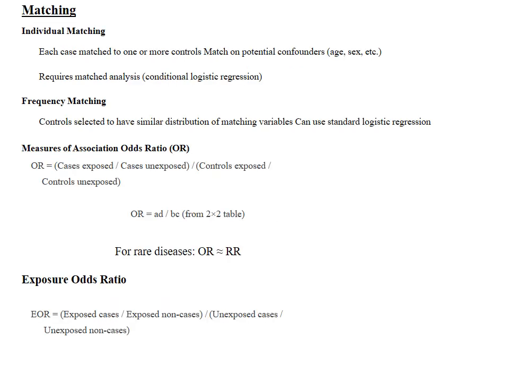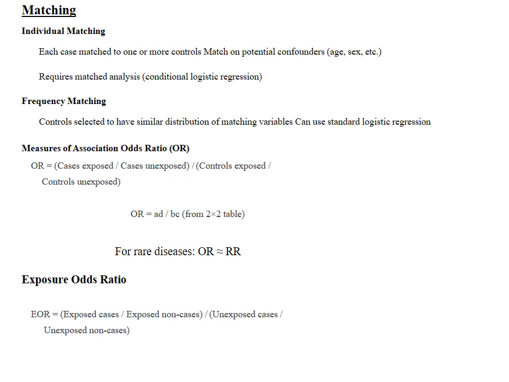Matching: individual matching, frequency matching. In individual matching, each case is matched to one or more controls on potential confounders like age, sex, etc. Requires matched analysis, conditional logistic regression. Frequency matching: controls are selected to have a similar distribution of matching variables, can use standard logistic regression.